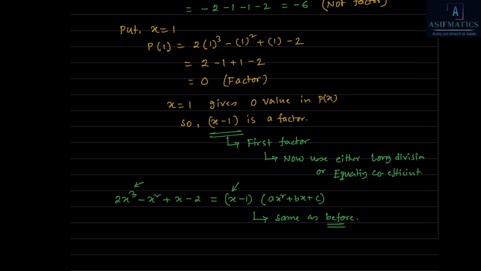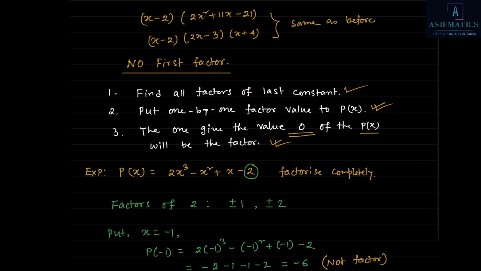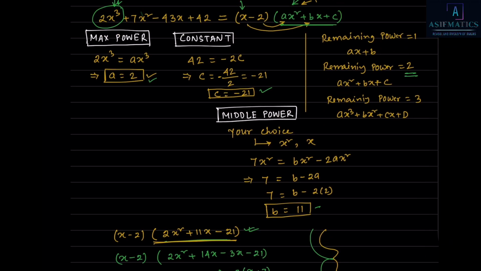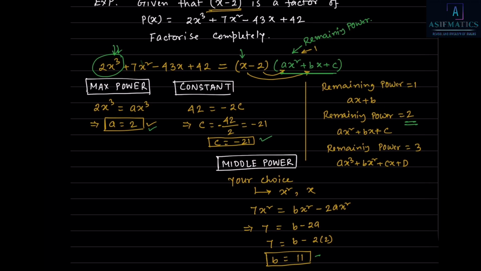All the problems for complete factorization are exactly the same as this. Let's just review for a minute. In complete factorization we can have a polynomial and there will be two situations. Number one, one factor is given and they ask for the complete factorization.